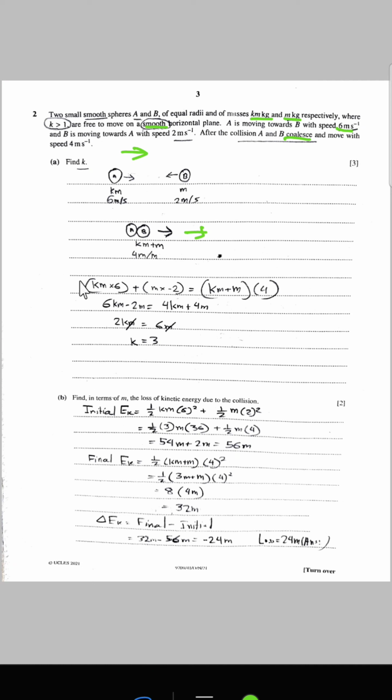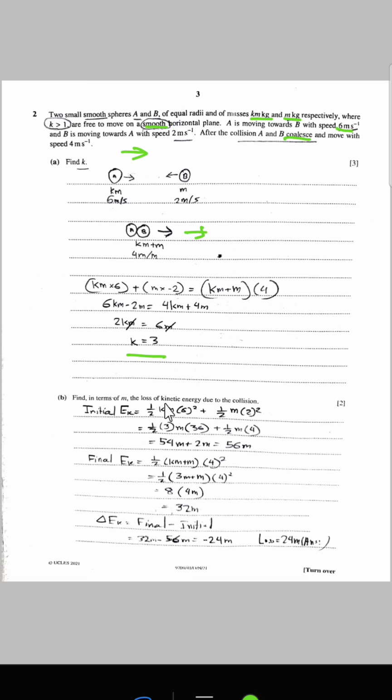And then we can equate these two equations, that is momentum before collision is equal to momentum after collision, and momentum is equal to mass into velocity. And since B is moving in the opposite direction compared to A and AB, its velocity is negative, and after equating this we find a value of k, that is 3.